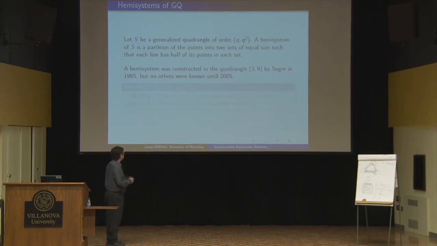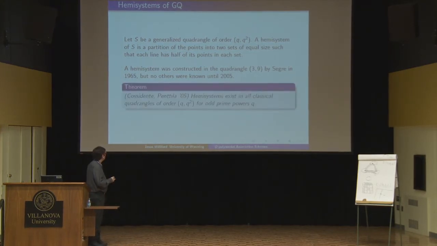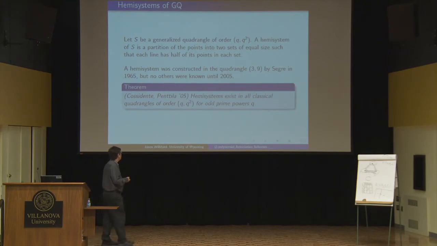Segre had constructed one in 1965 just when q was 3, and it had been conjectured by Tits that none of these actually existed otherwise because there was no nice group giving one. And then in 2005, Penttila and Cossidente found that they exist for all odd prime powers q.